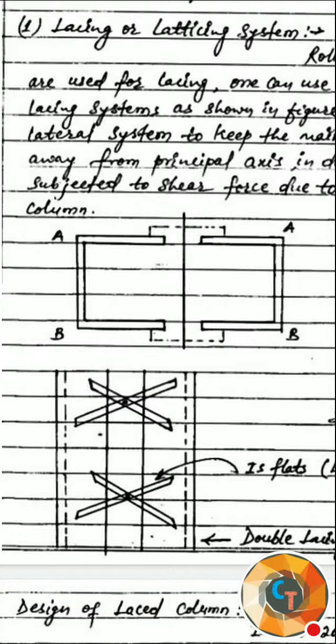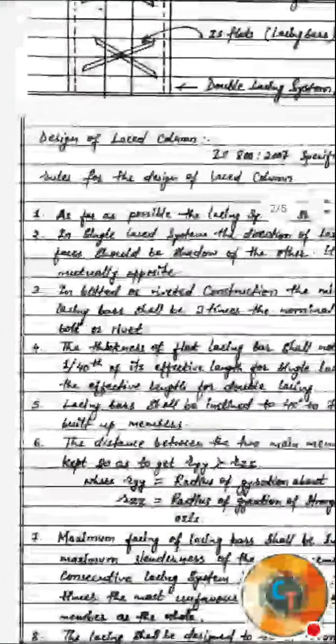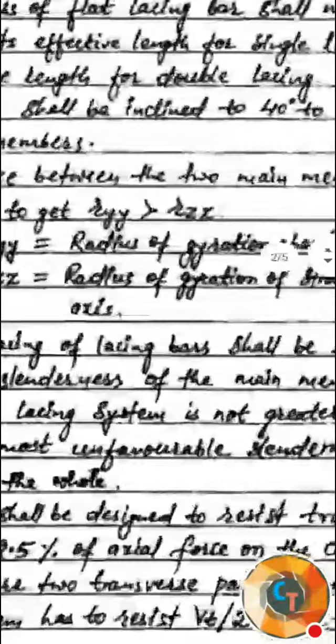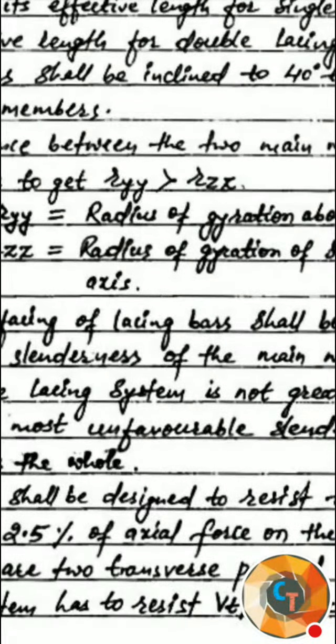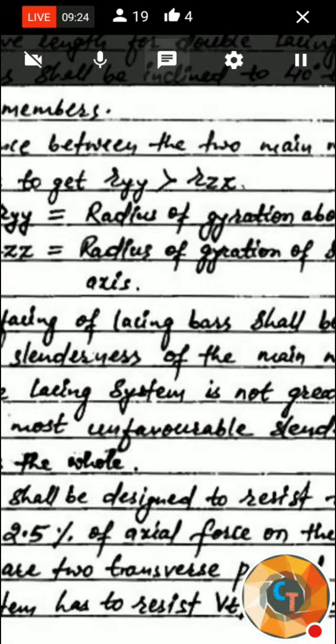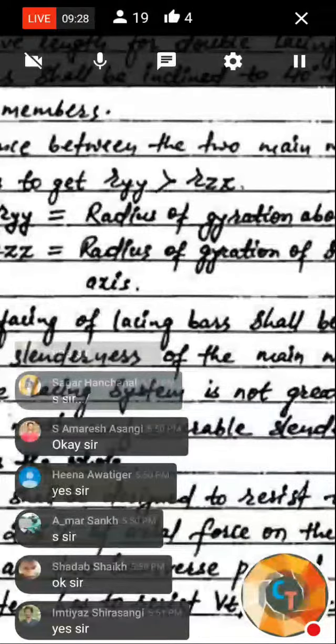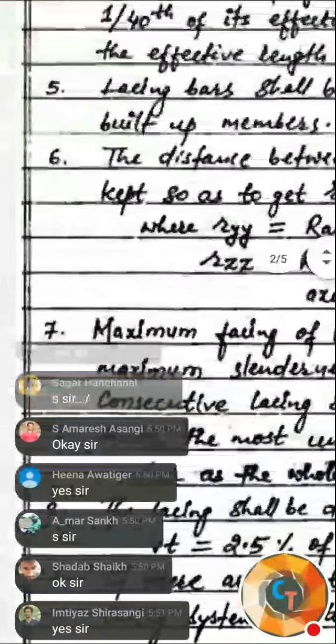If IYY becomes more, obviously RYY will become more. So this will be your sixth point: RYY should be greater than RXX or RZZ. Keep it in mind. Is it clear? Sixth point, is it clear?